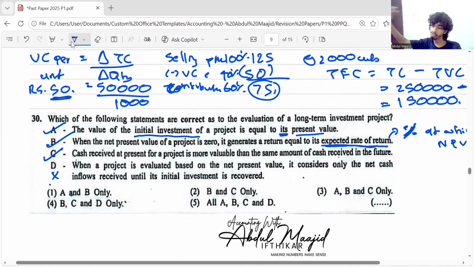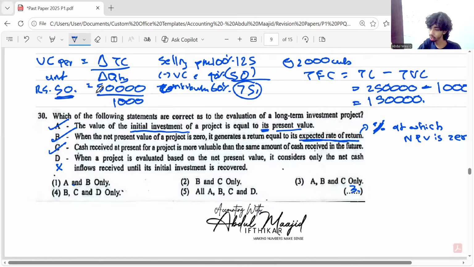Let's say the investment is 5 years. Until 5 years, you take the cash flows and multiply by the discounting factor to get the net present value. In payback period, we consider only the cash flows until the investment is recovered. Whatever the cash flow after that, you don't consider. Then the answer is A, B, and C. That is the third one.